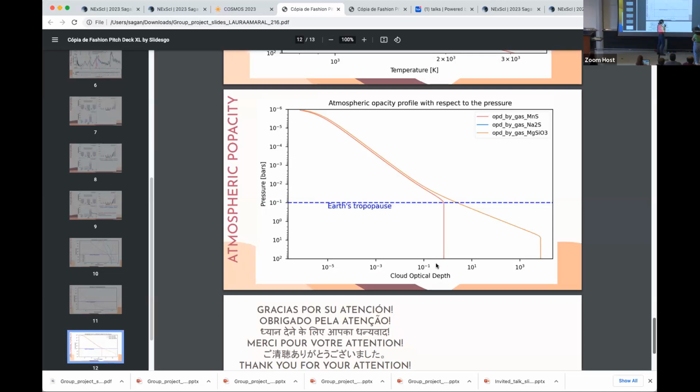But if you look at the optical depth of 1 profile, optical depth of 1 is about here. Move that over, that's at around 0.1 bars. So in this transit spectrum where the contributions are probably coming from about a millibar, you're seeing a little bit of contribution from the cloud, but maybe not so much. But anyways, this was also all awesome to see.